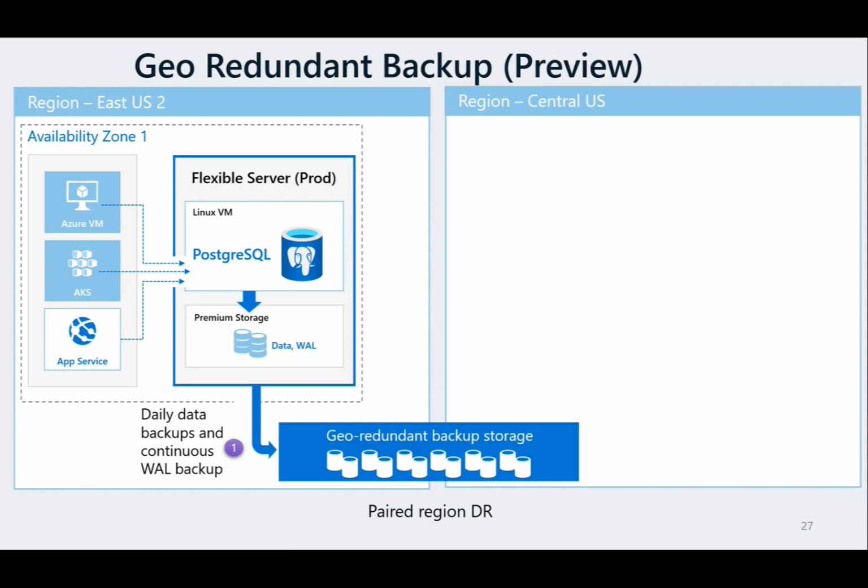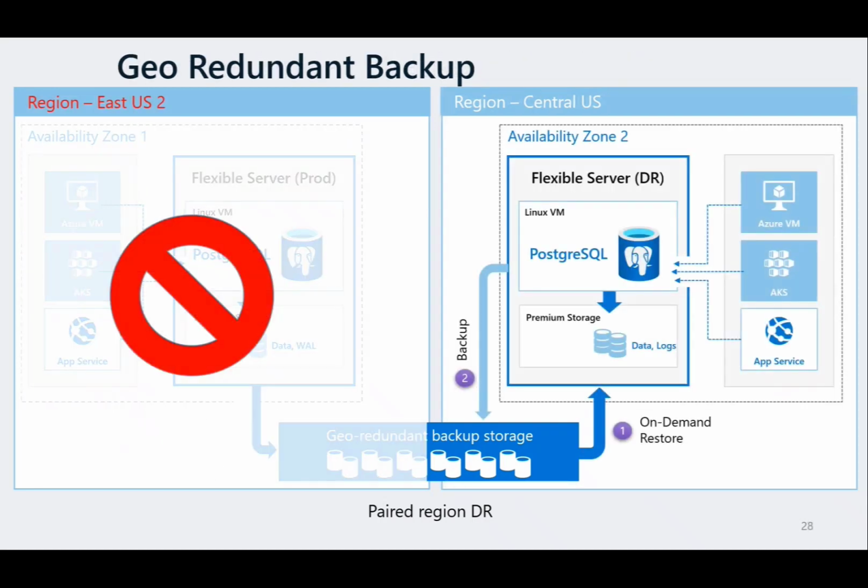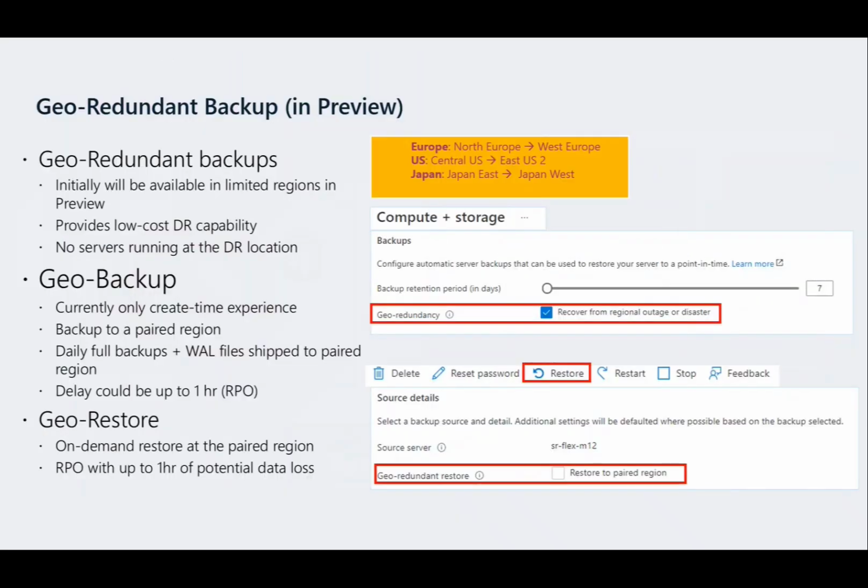So the backup I already talked about. Important to note that the SLA is up to 1 hour before it's copied to the paired region. So you may get data loss for up to 1 hour. You can restore it.